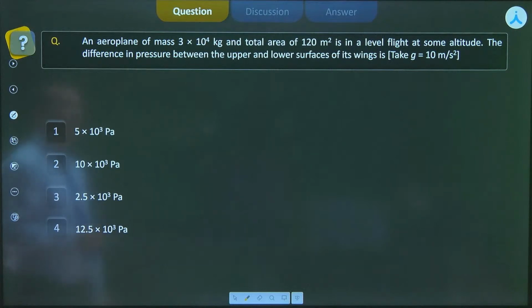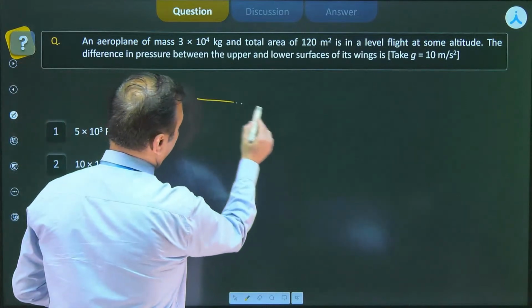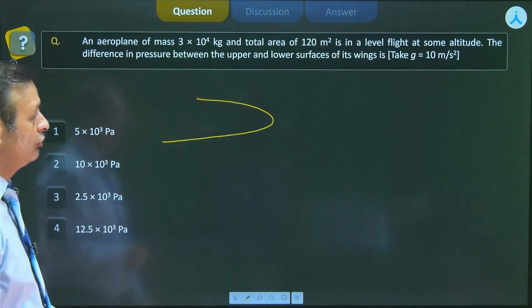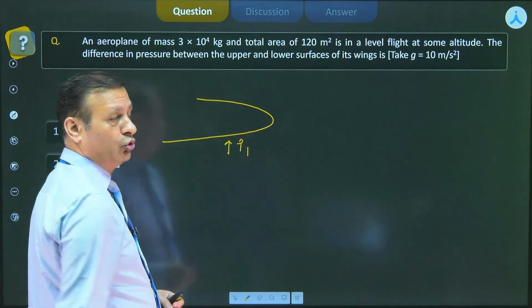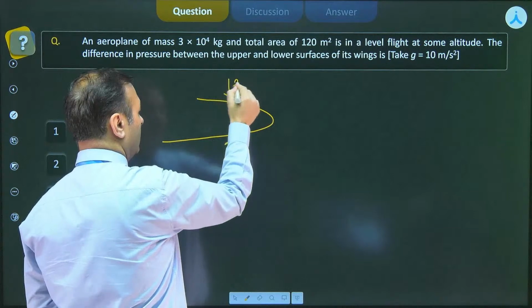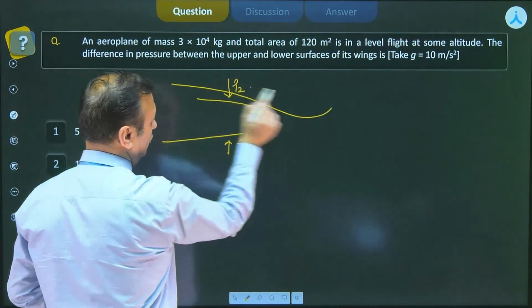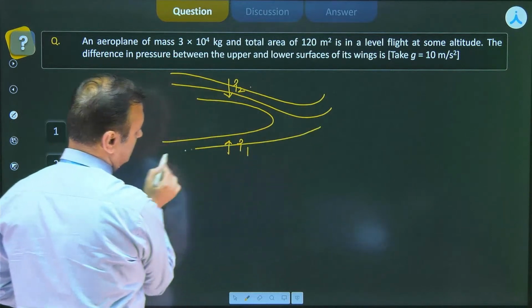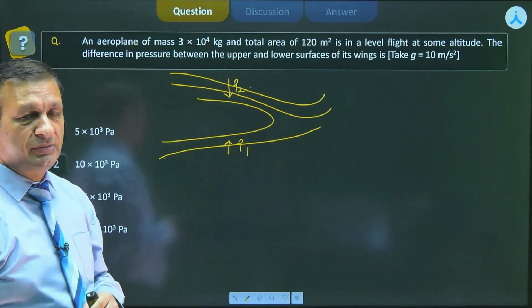An aeroplane of mass 3 into 10 to the power 4 kg and a total wing area of this much is in level flight at some altitude. The difference in pressure between the upper and the lower surfaces. This is purely based on the application of Bernoulli's theorem. We have pressure at the lower surface and pressure at the upper surface, and this pressure difference is because of the airflows. You have a good number of streamlines.